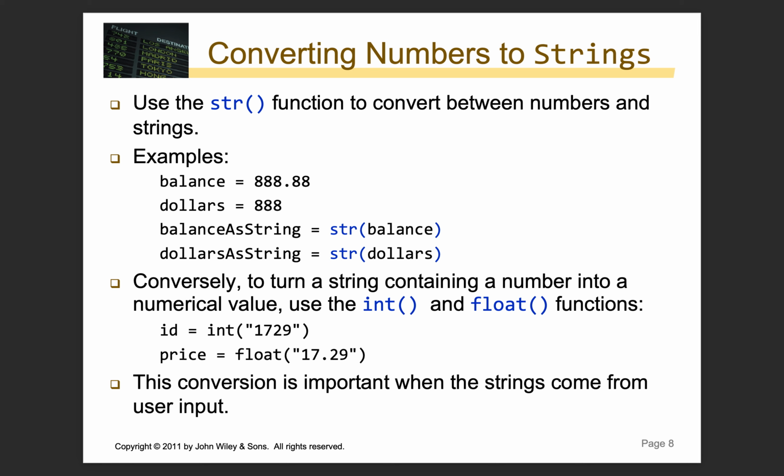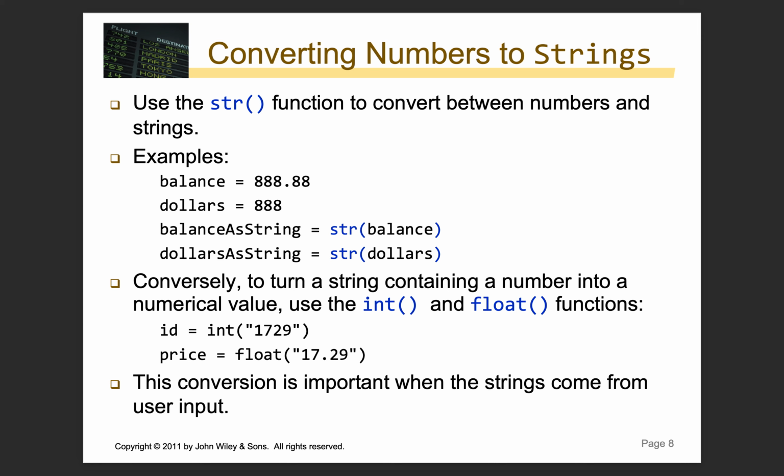Conversely, we can turn a string containing a number into a numerical value. And the way we do that is either using the float cast call or the int cast call. So let's say that we were given the ID of 1729 as a string. By calling int on that string, it converts the string into a numerical value that we can then add and multiply and divide like we can with any other numerical value.